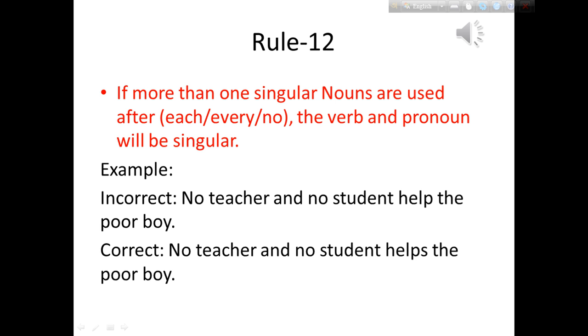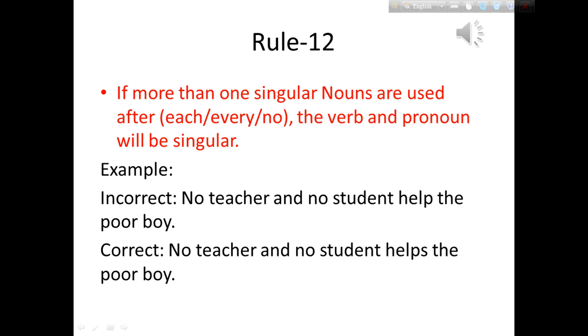nouns teacher and student are used just after the word no, and teacher and student, that means more than one singular noun after no, has been used here, and they are joined together with the very word and.